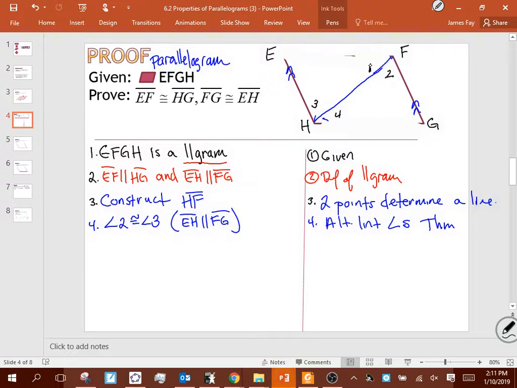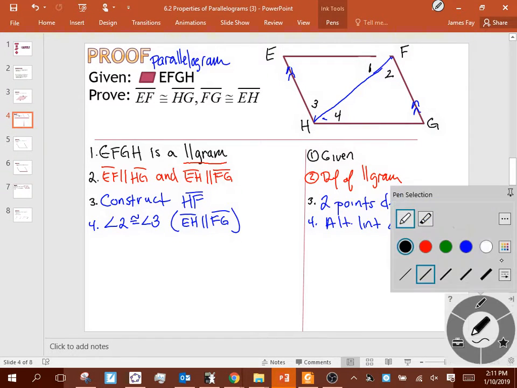But based off of the lines that I have highlighted right now in my picture, 1 and 4 are not congruent because of those parallel lines right now. Does that make sense? Yeah. 1 and 4 are congruent because of EF and GH being parallel. So just for the sake of visualizing it, I'll hide those two.